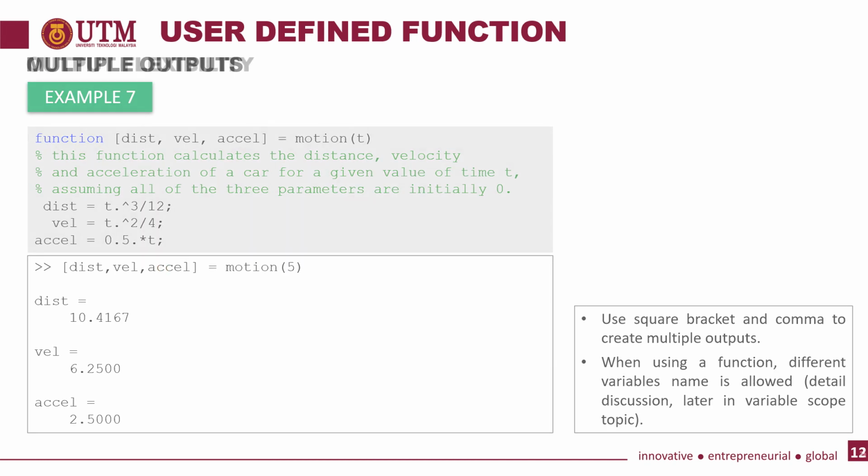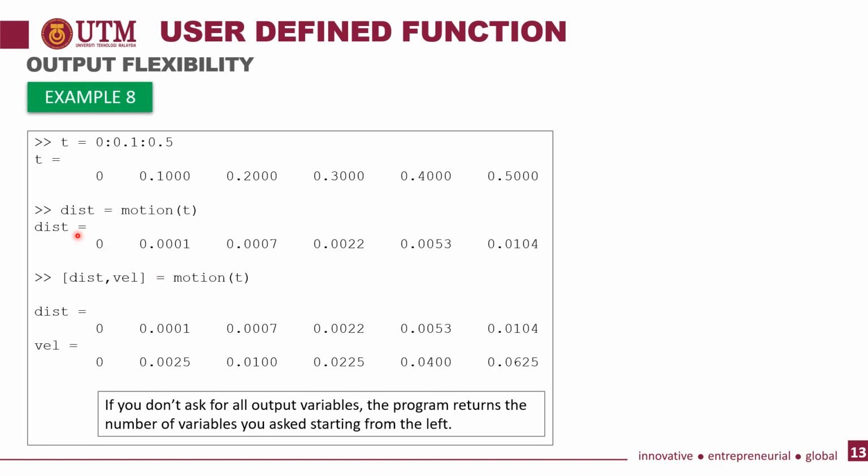So here we call only one output, distance, and then we call distance and velocity. You can put any name here, for example a, b. So a will return distance, b will return velocity.